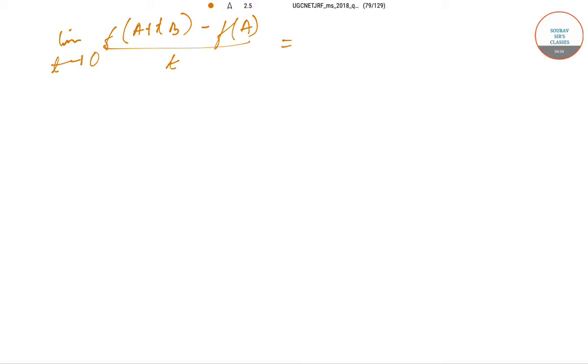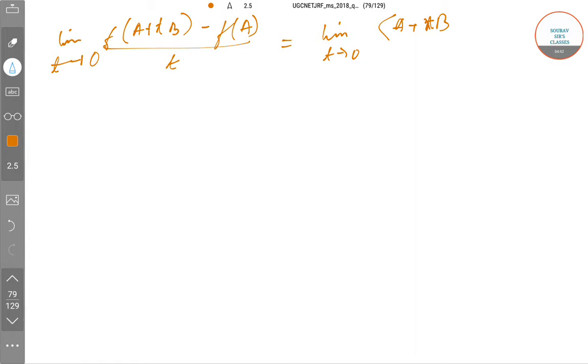So this will give us limit t tends to 0. Now we have already found out f of a plus lambda b, so this will be equal to inner product of a plus tb. Let me write it down over here on the downside in a better way.